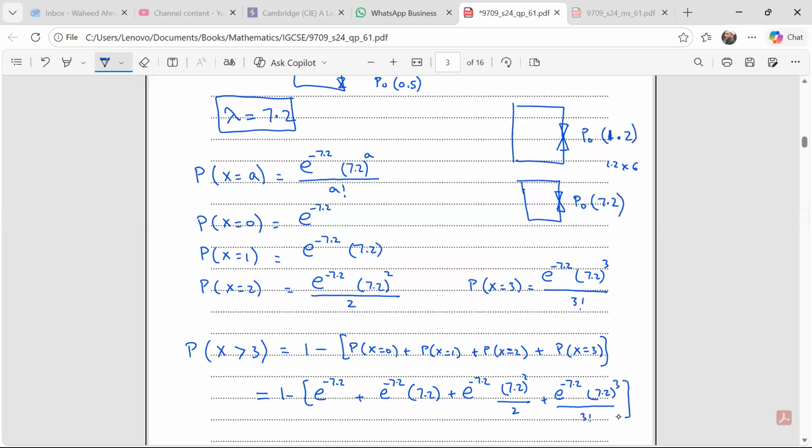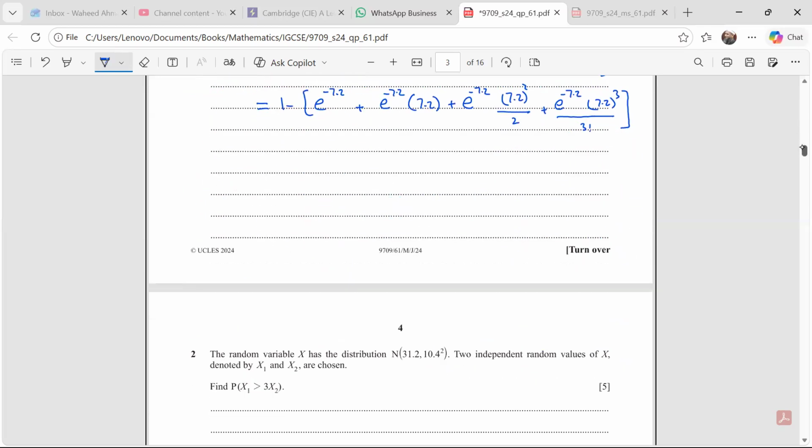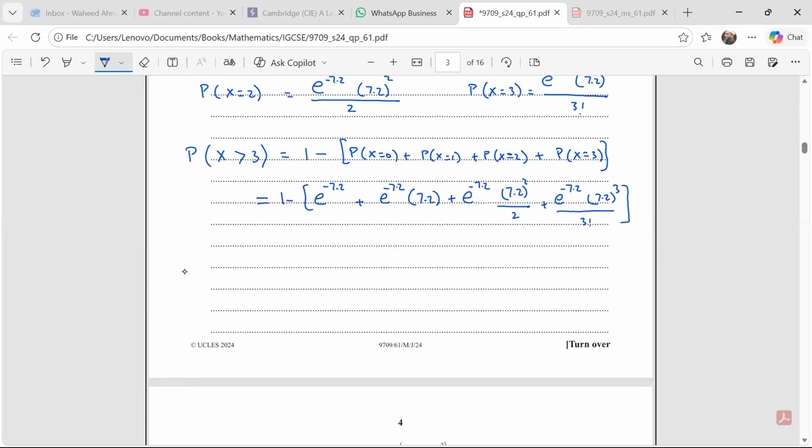Okay, I have this all clear. We just need to calculate this expression. That would be 1 minus, taking e to the power minus 7.2 common outside, the bracket of 1 plus 7.2 plus 7.2 squared over 2 plus 7.2 cubed over 3 factorial.